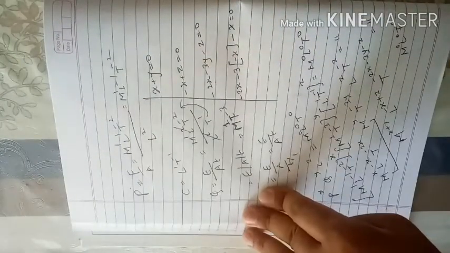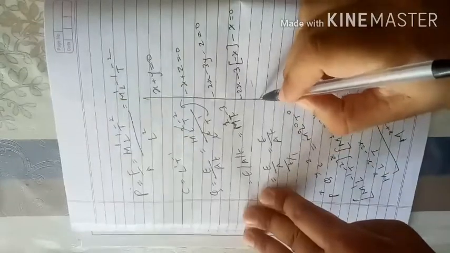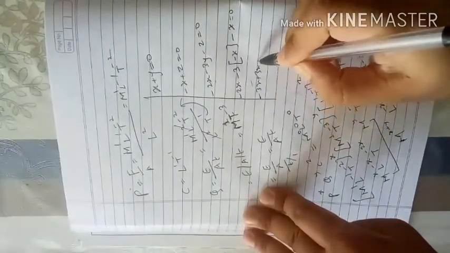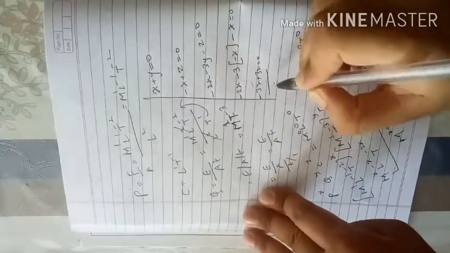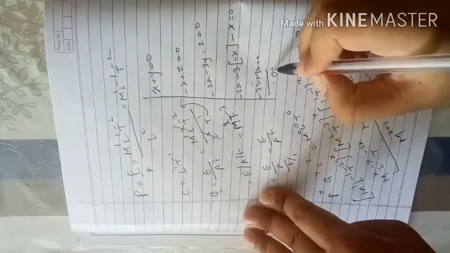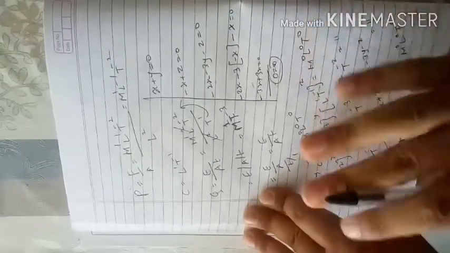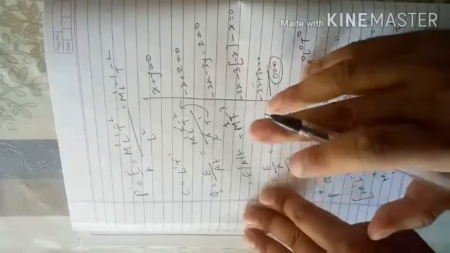So if we solve this, we will get minus 3X plus 3X equal to 0. So we'll get 0 equal to 0, right? So what we will do is, we will check the options, which option is matching.